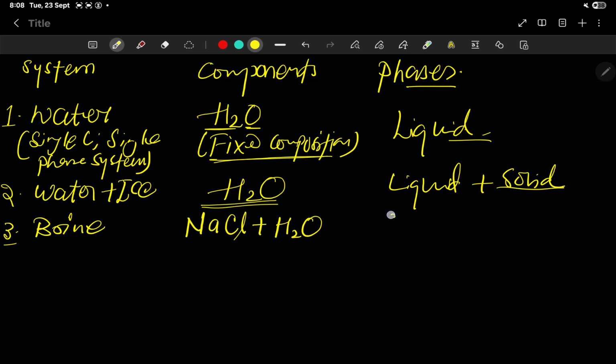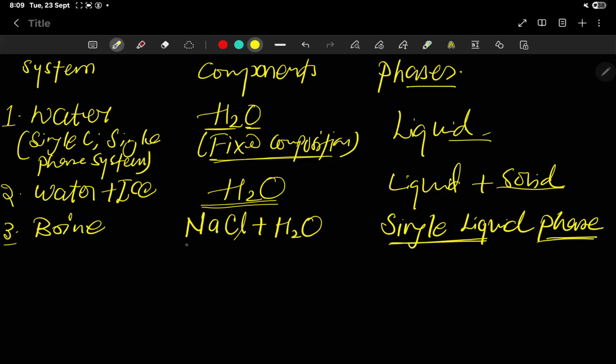Phases will be what? Here it will be a single liquid phase. What is going to happen here? NaCl will completely dissolve in H2O and form a single liquid phase.